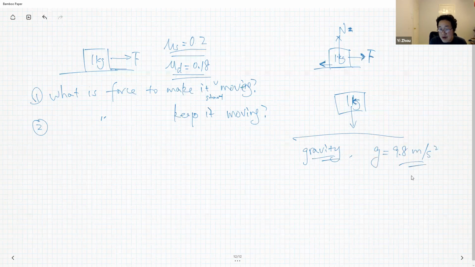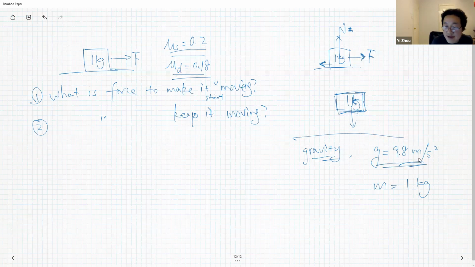So if you have a mass of 1 kilogram, what do you think the gravity is acting on this object? If you drop a box of 1 kilogram, it will have an acceleration of 9.8 meters per second squared.